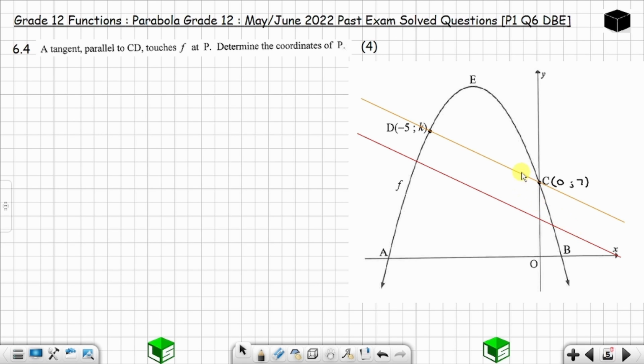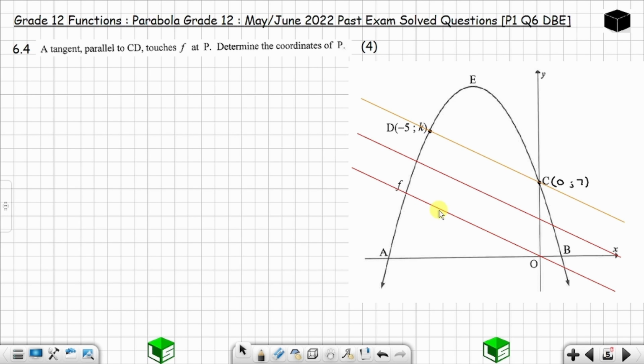Any line that you can draw below the line CD will always cut the graph of F, or cut the parabola, twice. You can see this line is cutting the graph of F twice, there and there. Again, this line cannot be considered a tangent.